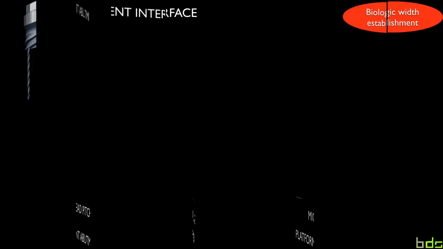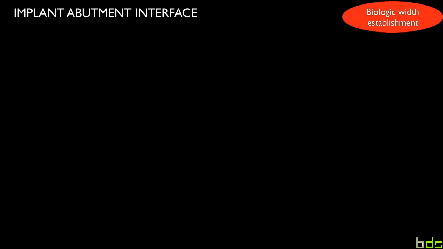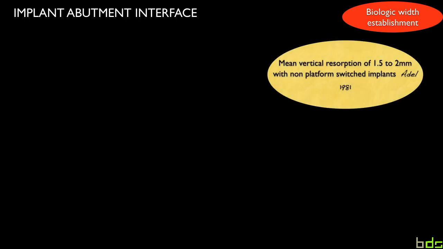Let's start with the implant abutment interface and what we call the biologic width establishment. Classically, Adell in 81 has described that a successful implant has a mean vertical resorption for the first year in function of 1.5 to 2 millimeter, or in common language, what we call the dieback of the bone till the first thread.